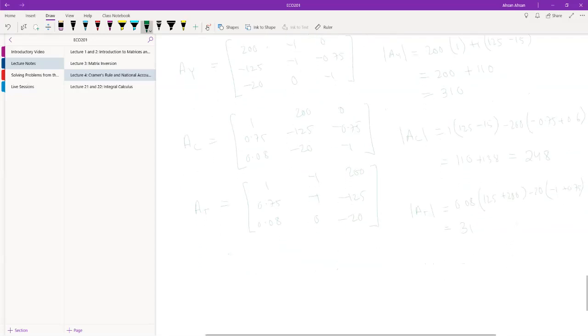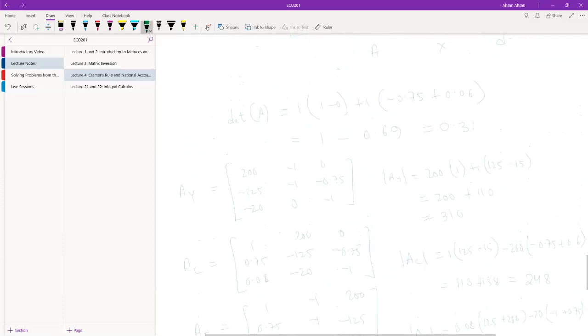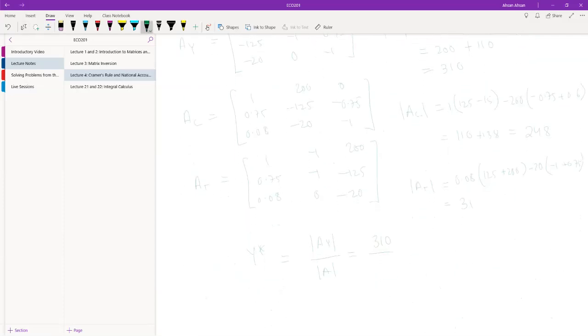And now I can go and calculate the values. Y star, the equilibrium Y, is given by the determinant of A_Y divided by the determinant of A, which is 310 divided by 0.31. So equilibrium output or equilibrium income is 1000.